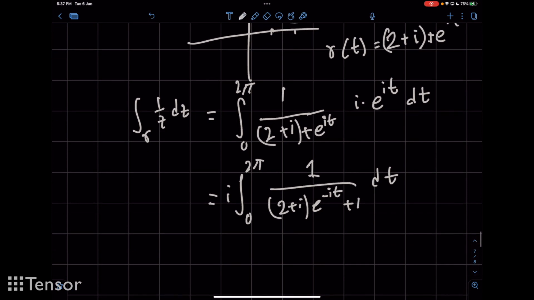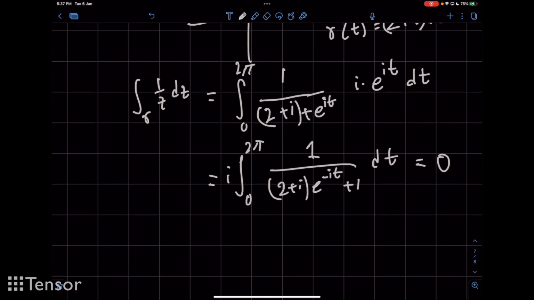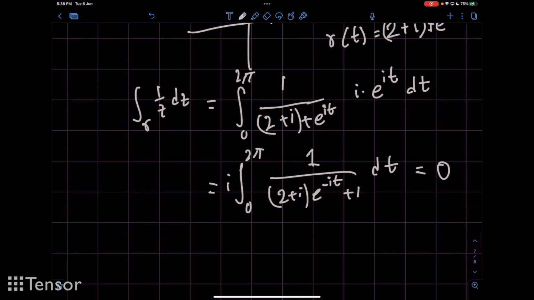So after doing the integral, we will get a 0. Well, I don't really know how to do integrals, so I'm just going to skip it and say this is left as an exercise.